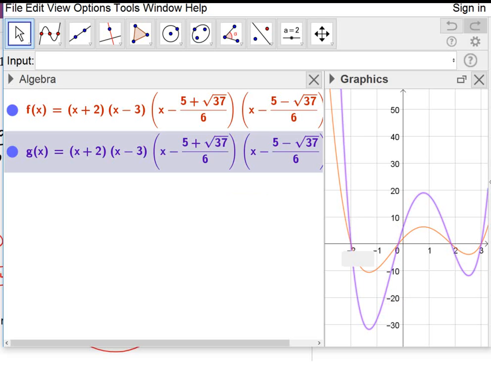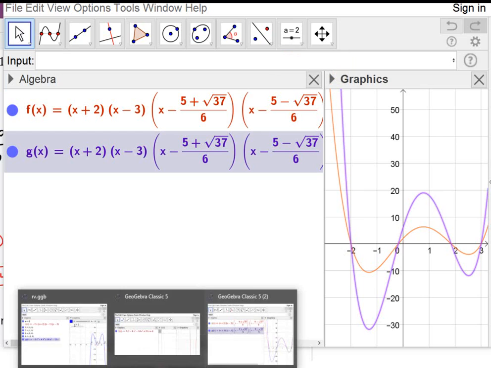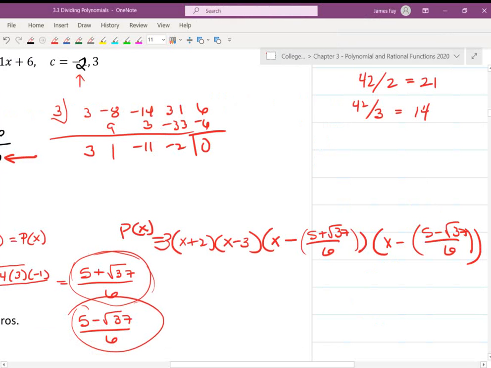Because this purple one is indeed that original polynomial that we were interested in, right? Okay? So whenever we are provided zeros for a function, we usually need to be provided extra information sometimes so that we get a specific polynomial instead of a general polynomial.